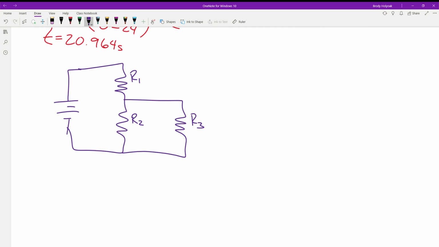So we're given 32 volts, 22 ohms, 30 ohms, and for R3 we're given a current of 779.221 milliamps.